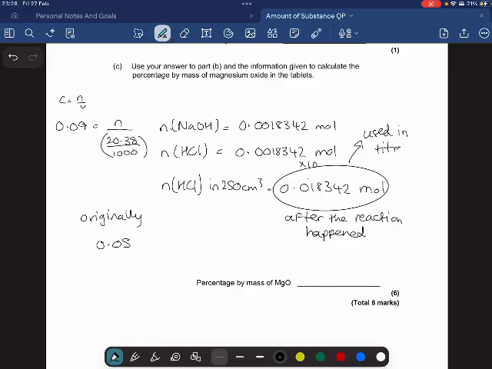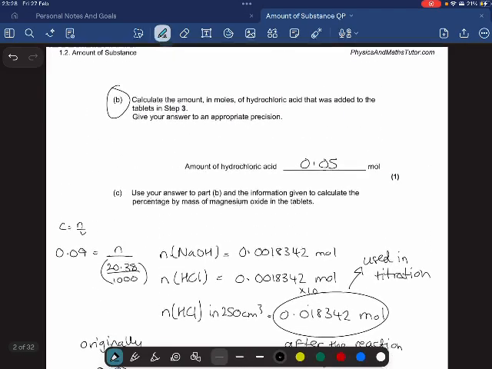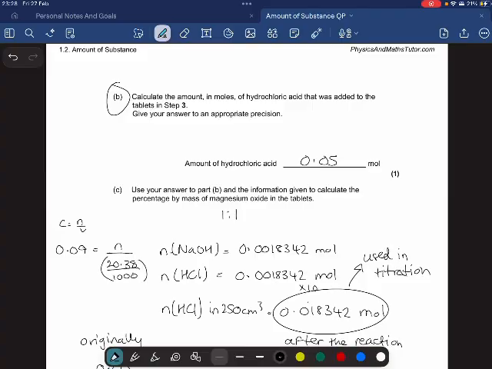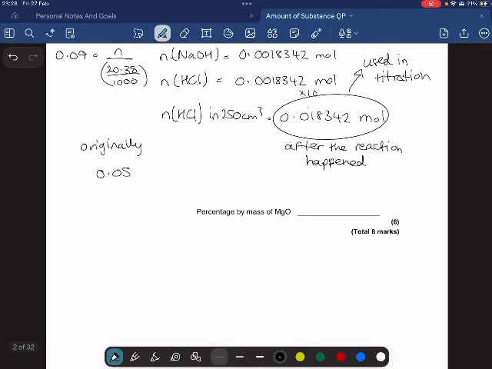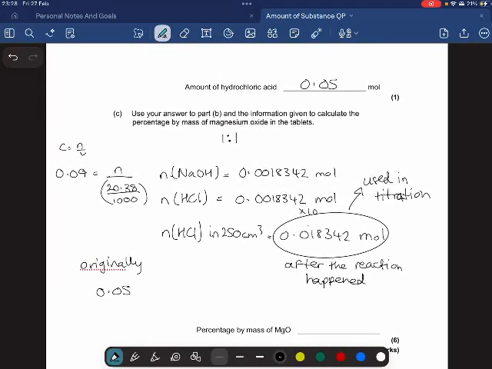Or not, it wasn't used in titration. The NaOH was used in titration, but because we had a 1-to-1 ratio, we can just say that it was used in titration, I guess. Obviously, the actual element that was used in titration was NaOH, but the same thing applies, right?